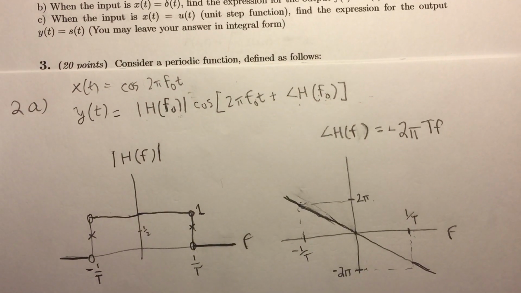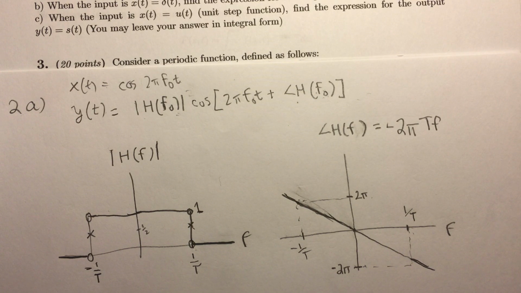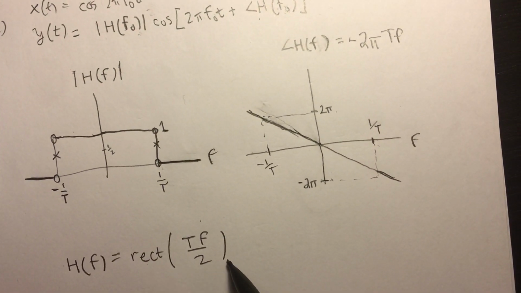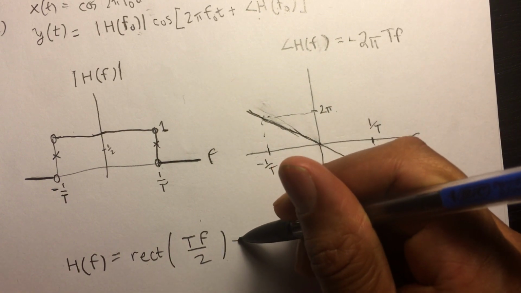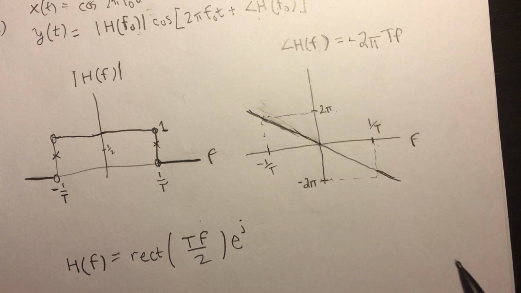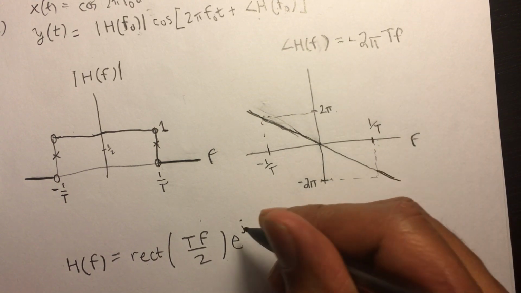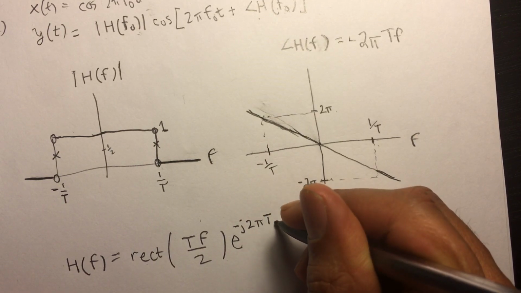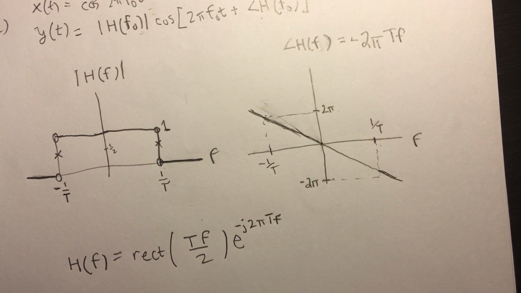Because this rect function extends from minus 1 over t to 1 over t. If you work this out, that would require a scaling of 2 over t in the denominator. That's the magnitude, and then we have the magnitude times e to the j times the phase, right? And the phase is equal to minus 2 pi t f, right?